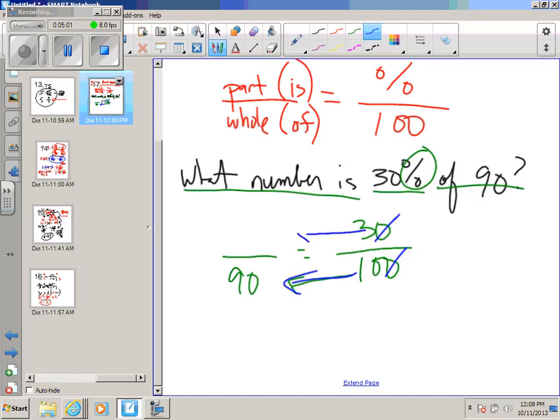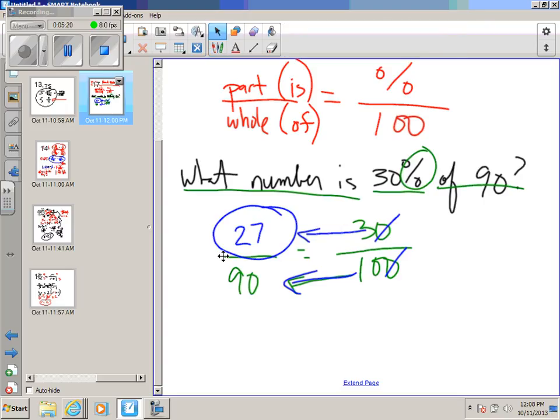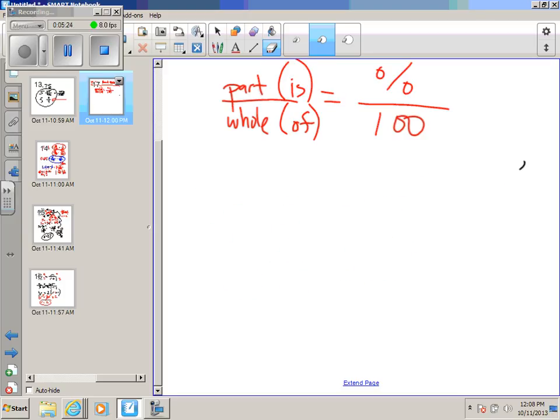So 3 times 9 becomes 27. 27 over 90 is 30%. Did you put the stuff in the wrong place? That's why we got this model here. How many of you remember doing this a little bit?